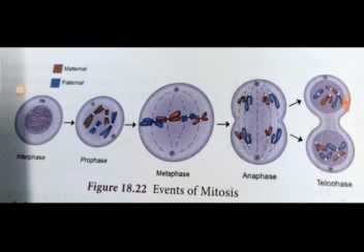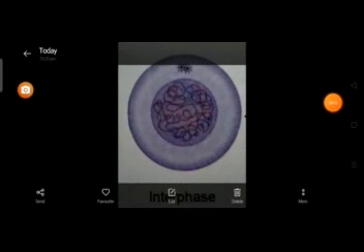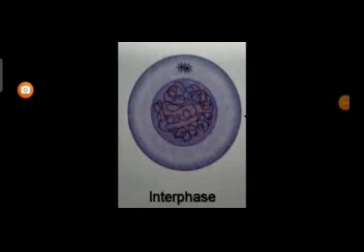Mitosis division consists of two events, that is, one is karyokinesis and the next one is cytokinesis. Interphase. It is the resting phase of the nucleus.